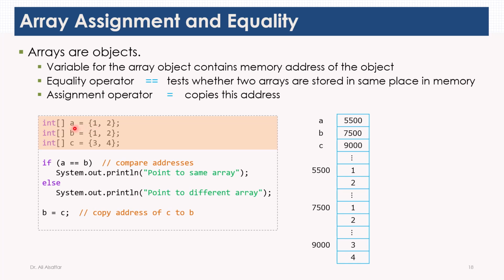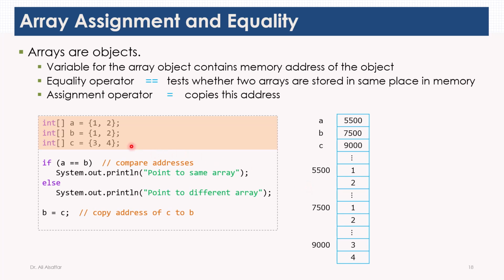When we declare the array A with the constants 1 and 2 as index variables, assume that these index variables were saved at address 5500. So the first index variable is at address 5500, and it depends on the size of the integer. If the size of the integer is 4 bytes, then the next address for the second element will be 5504.